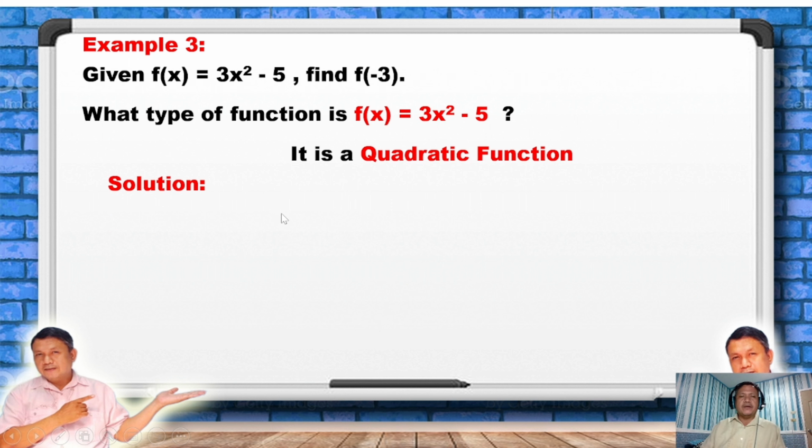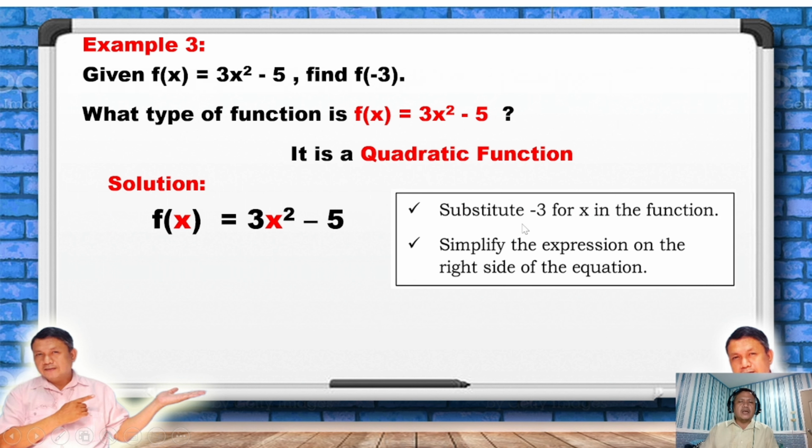So, again, copy first. Kung tayo po ay nagsosolve, kokopyahin muna natin ang given. Then, remember, ang unang rule, substitute negative 3 for x in the given function. And therefore, this will become f of negative 3 is equal to 3 times negative 3 squared minus 5. Okay, then simplify using the PEMDAS.